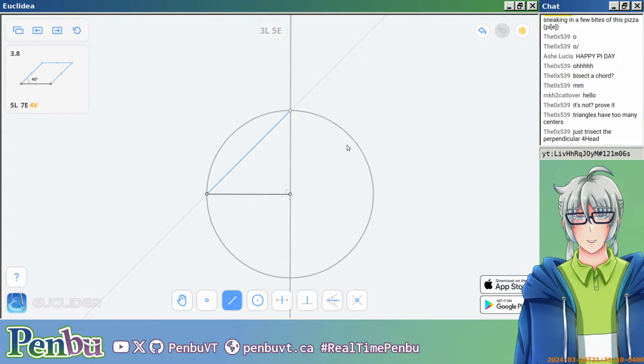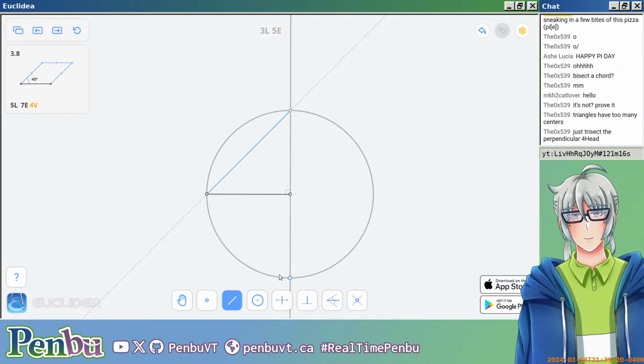That uses 3, which means we have 2 more, which would be for the, well, we don't even have this point here. Okay, I don't think this one helps us too much.